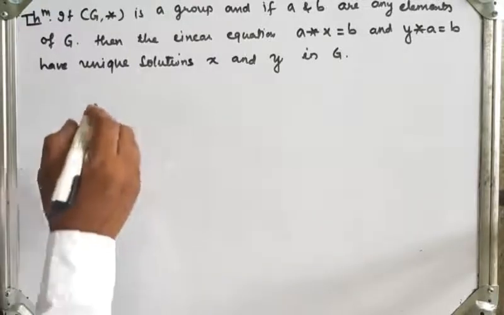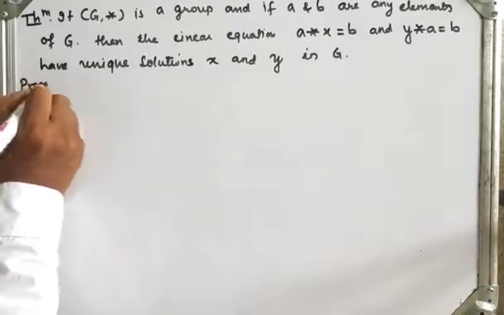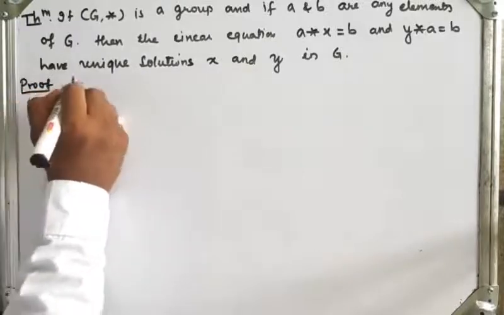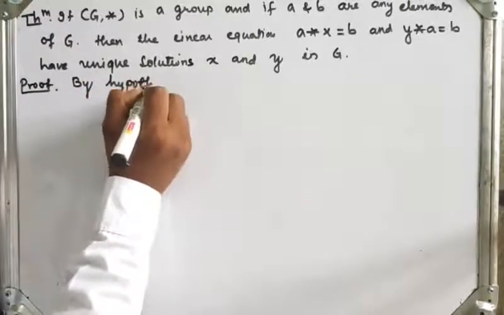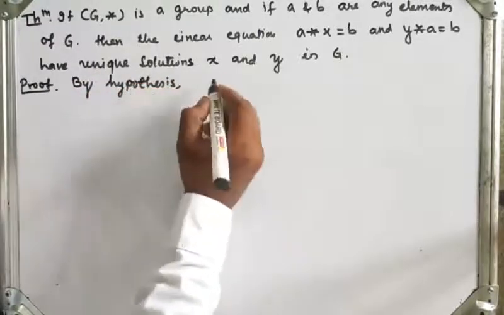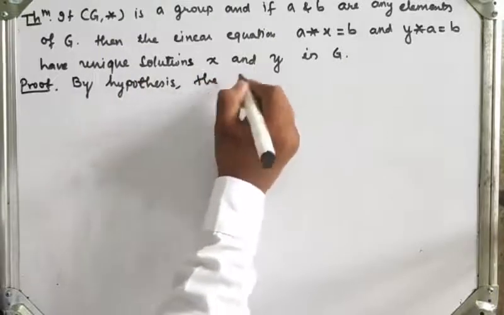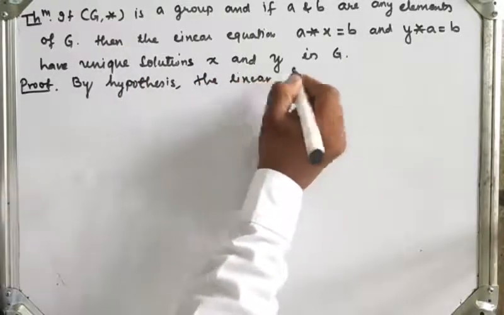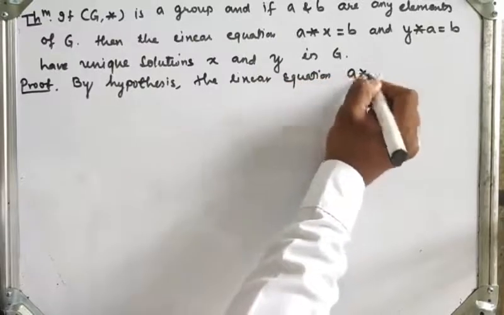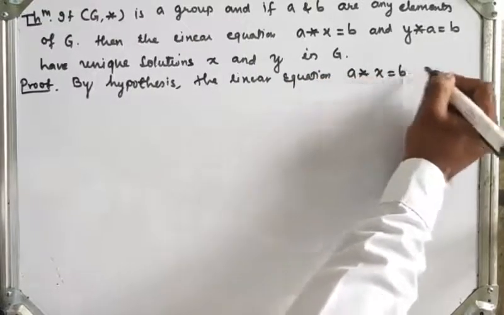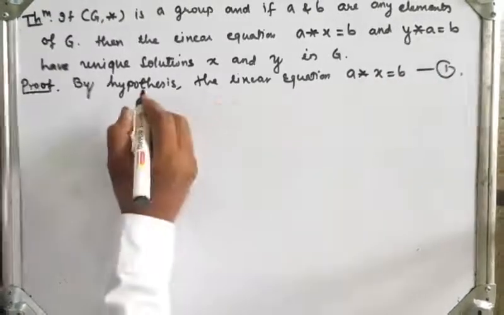Now, proof by hypothesis. The linear equation A star X is equal to B, this is the first equation.